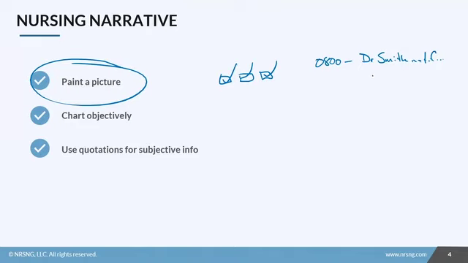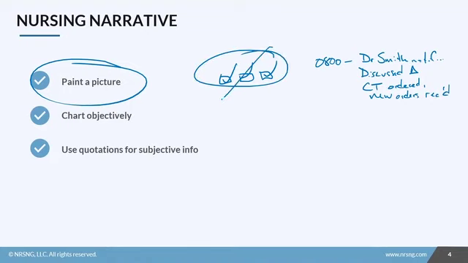But that you've discussed the neuro change and that he's going to order a CT, and you'll say something like CT ordered, new orders received. So this shows that you've actually had this conversation and what it was about, but it doesn't fit in these checkboxes. So this is what the nursing narrative does.